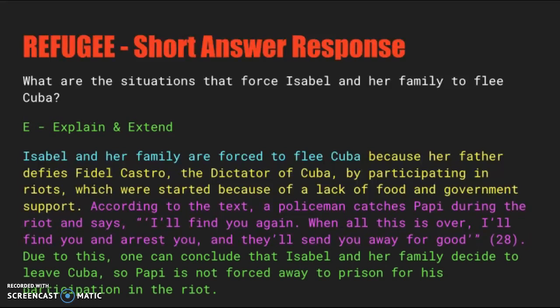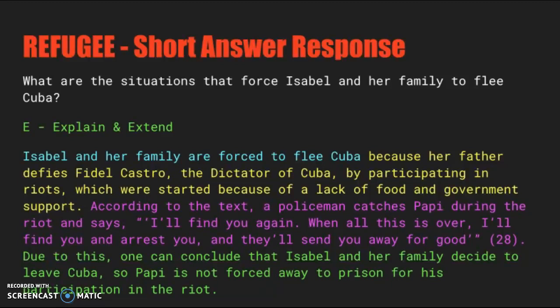Finally, I need to do that explanation. I need to explain my answer and extend for the readers how I connected my answer and my text evidence and how it all relates together and fully answers my question. So this is where I explained the connection between the dictator, the riots, her father, and having to leave.